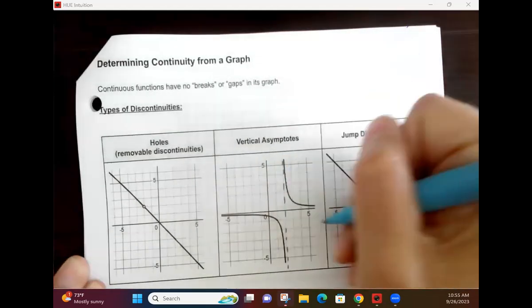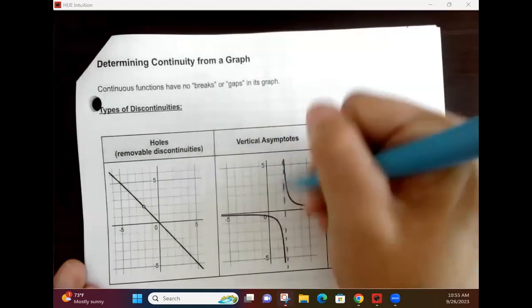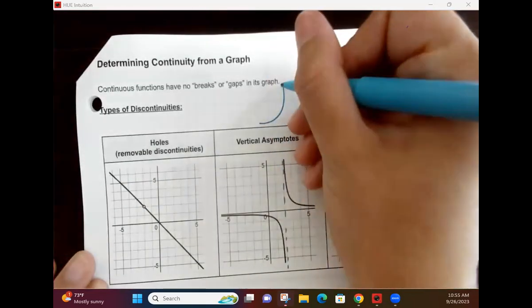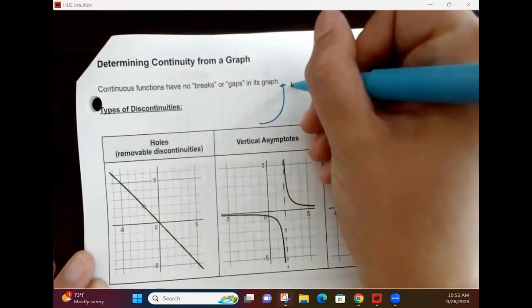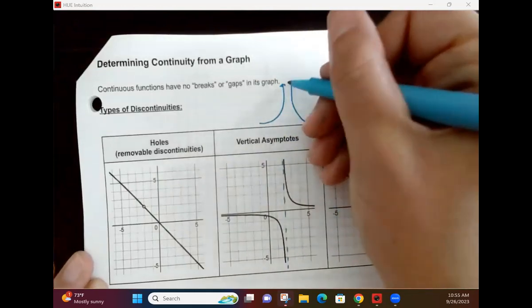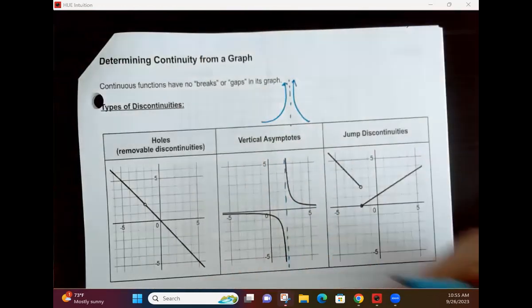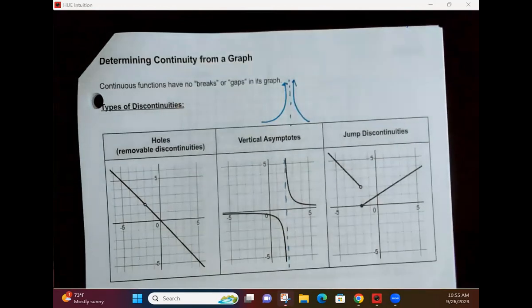Or comes down this way from up here. I could also see vertical asymptotes where my function goes up and then comes down. But the idea is my graph would be going up forever or down forever at that vertical asymptote. I have this split in my graph, okay?